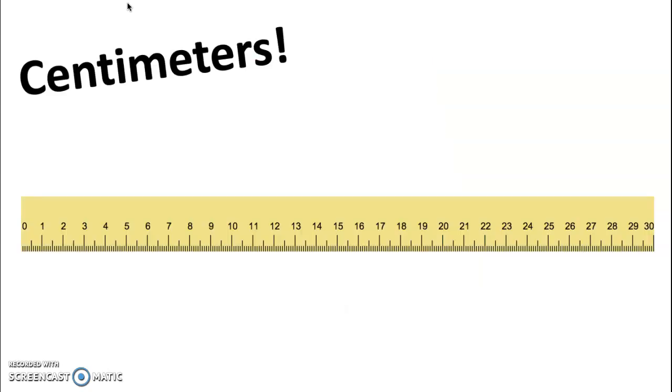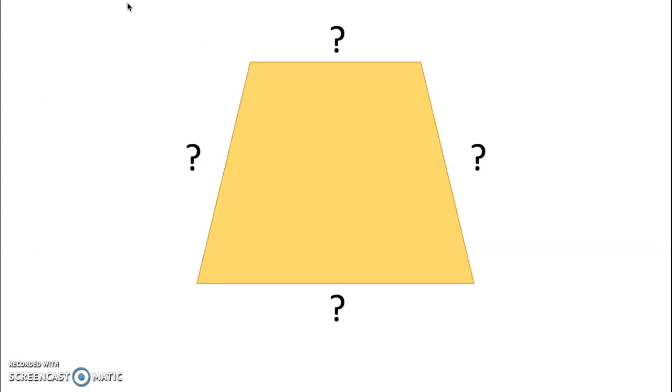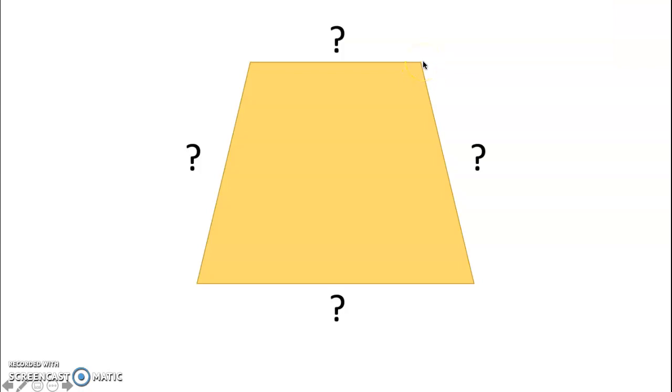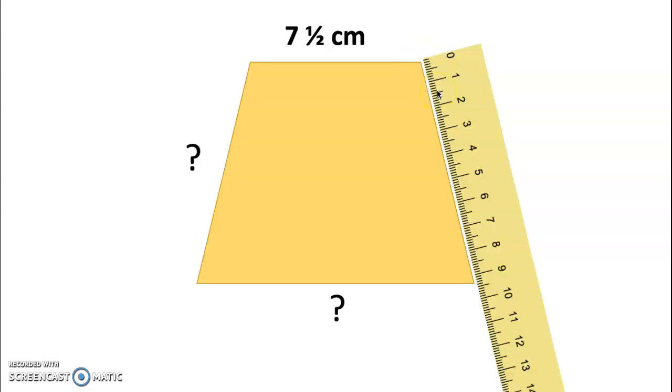Well, you can use a ruler with centimeters, which is what I just said. So the first side, I'm going to measure the top right here. And I see that it is about 7.5 centimeters. So I'm going to go ahead and put that up there. And I'm going to measure this side. And I see that it is about 9.5 centimeters.